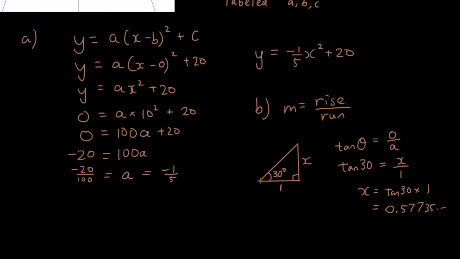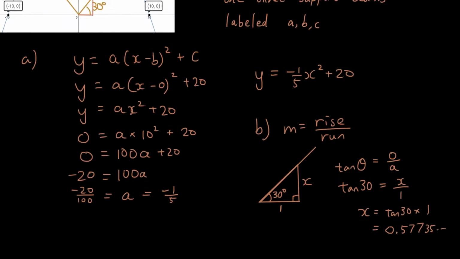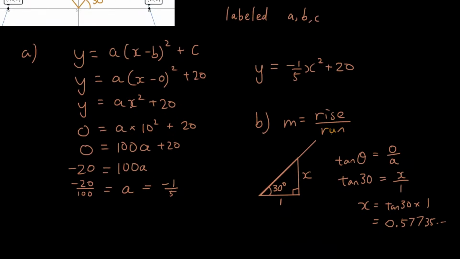Okay, so if this is our straight line, which I've just shown to you before, then every time we go to the right 1 unit, we go up 0.57735 units. So what that's saying is that the gradient is 0.57735, which is the rise.